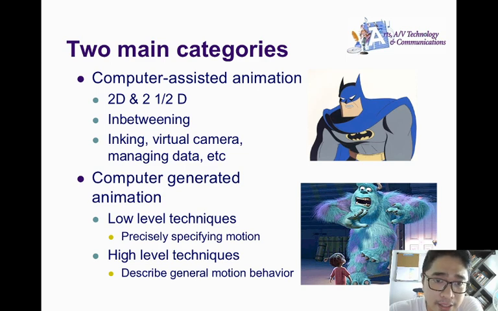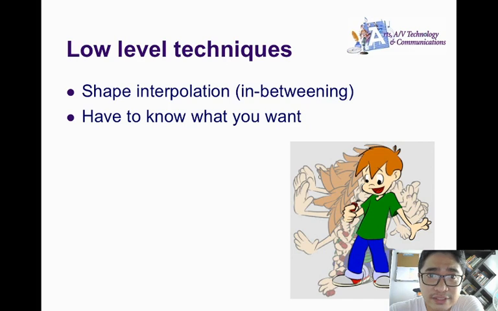So the computer generated animation has low level techniques and high level techniques, which low level is precisely specifying motion, and high level naman is it describes general motion of the behavior. So the low level techniques is that we have the shape interpolation, which is the in-betweening.